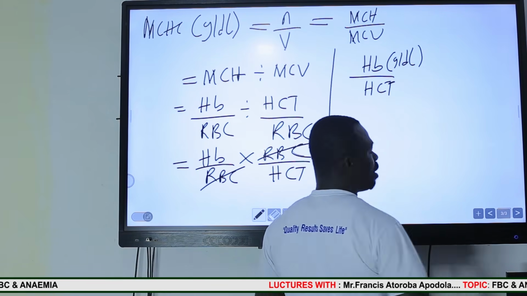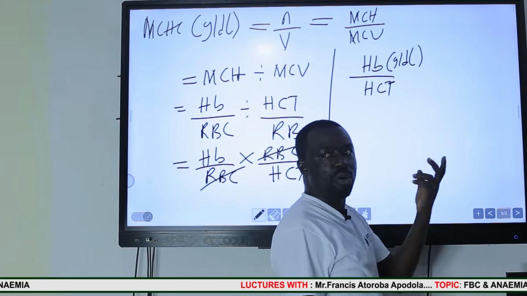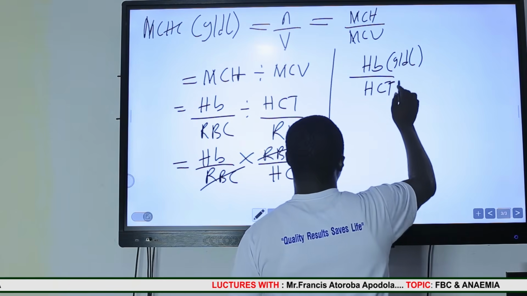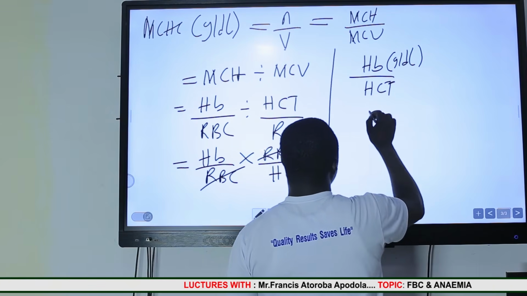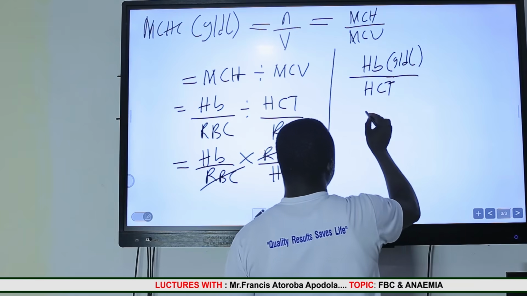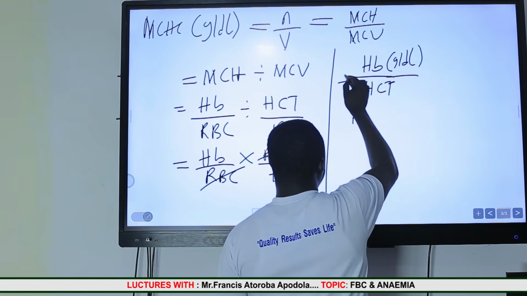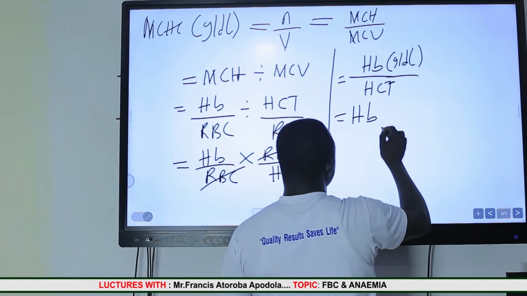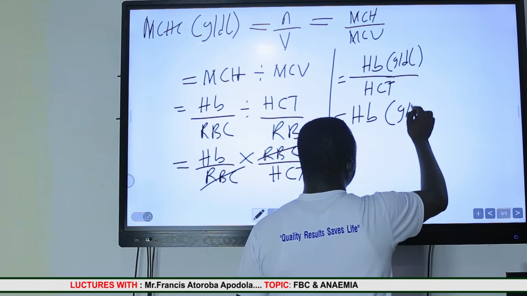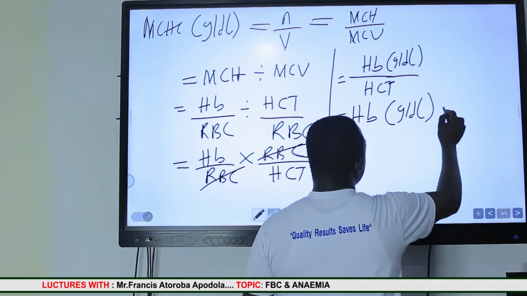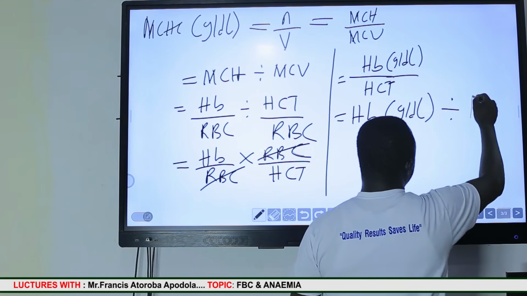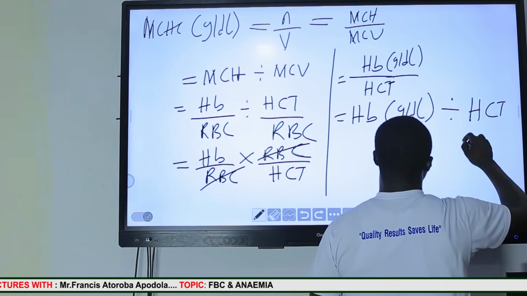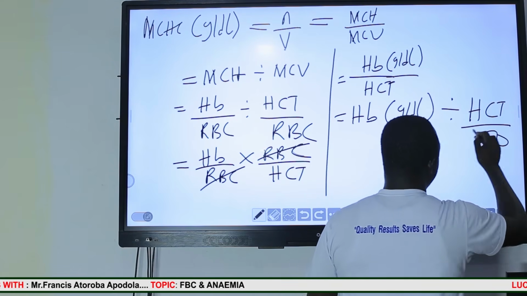The hematocrit is in percentage. We need to do away with the percentage. So this means that where we have gotten to in the formula is the same thing as HB, which is in gram per deciliter, divided by hematocrit. But hematocrit is in percentage, so we divide by 100.